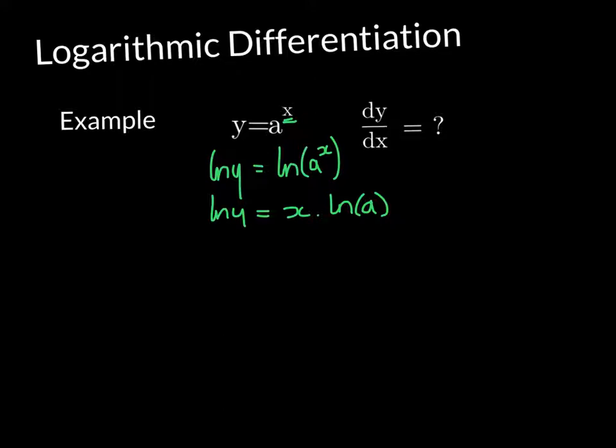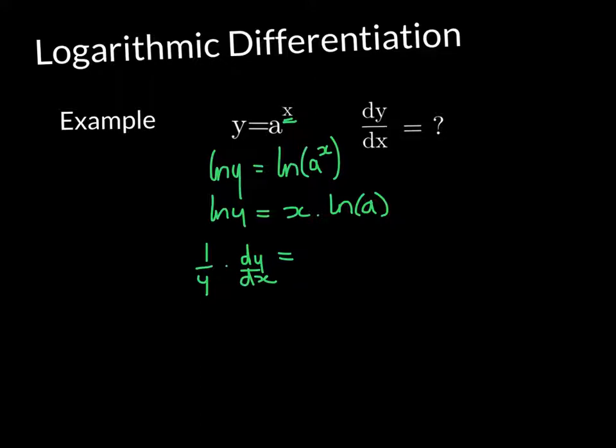We are looking to differentiate y with respect to x, to find dy/dx, so we do need to use implicit differentiation here. For the left hand side, we're essentially first differentiating the log of y with respect to y, which gives us 1 over y, and that's multiplied by dy/dx according to the chain rule.